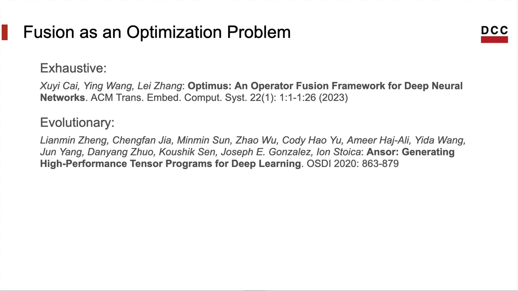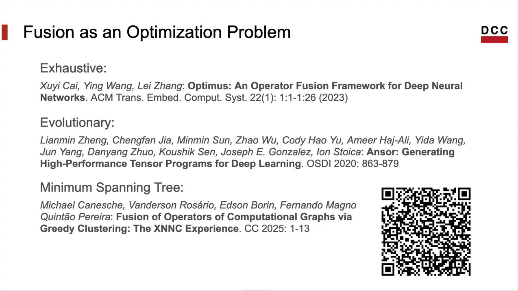A different approach was proposed in the Tensor compiler. In this case, the compiler uses an evolutionary algorithm to decide which operators to fuse. But notice that this algorithm proposed by Zhang et al. is not guided by a static cost model. Tensor effectively runs the computational graph to measure the benefits of the transformations it carries out.